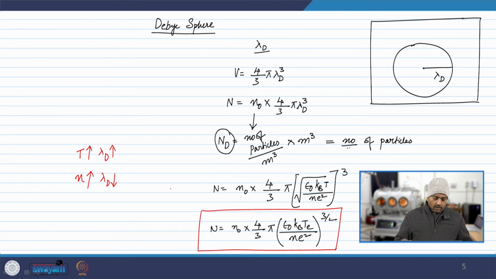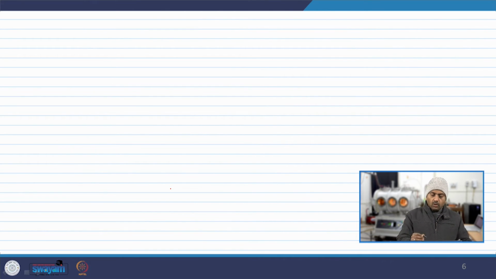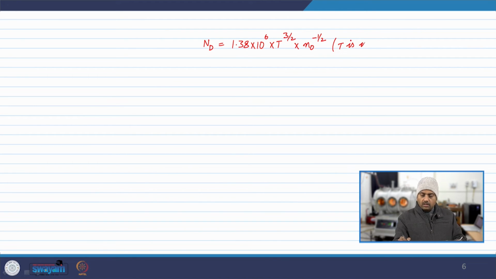And if you use the known values of constants, we can write N_D as 1.38 × 10^6 into T to the power of 3 by 2 into n naught raised to the power of minus half, when T is in Kelvin.